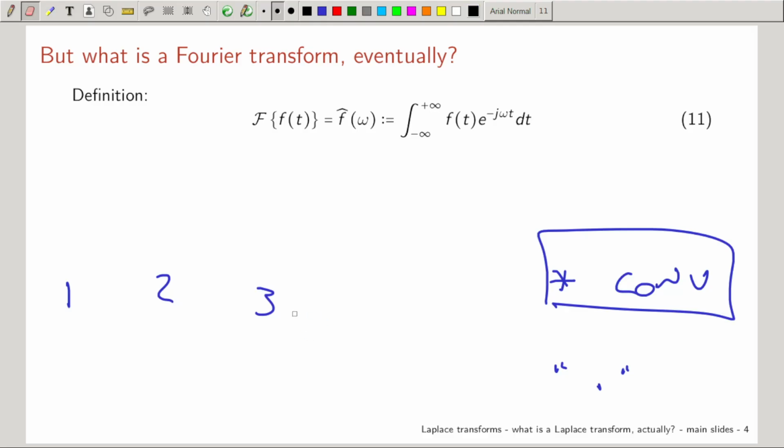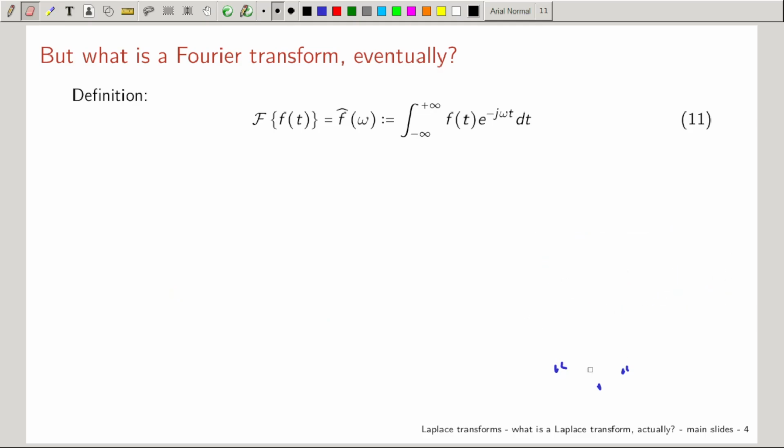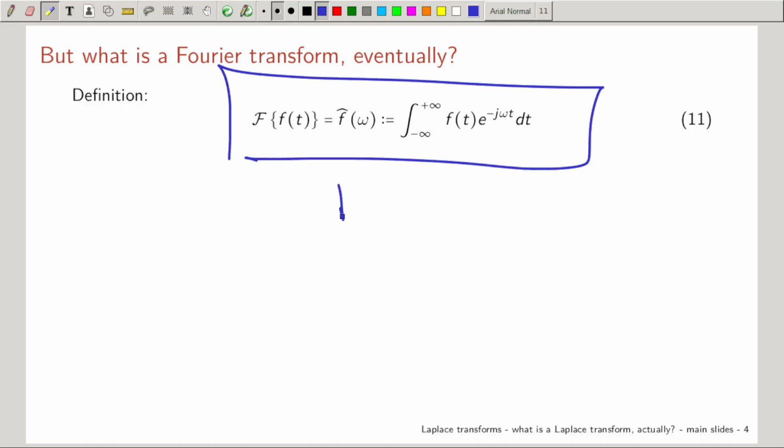We have to be there. Laplace is a tool for us. And what is Laplace? Laplace is an extension of Fourier. And what is Fourier? Fourier, now we go through, is eventually kind of a pattern matching algorithm.